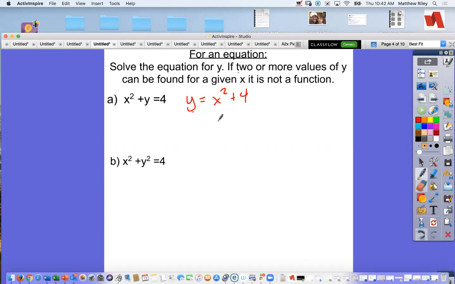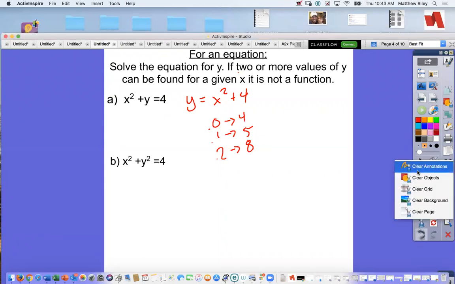Now, when I solve for y, if I plug in any value like 0 or 1 or 2, it's going to give me a specific value, only one value. If I plug in 0, it gives me 4. If I plug in 1, it gives me 5. If I plug in 2, it gives me 8. So on and so forth. Each input has exactly one output.